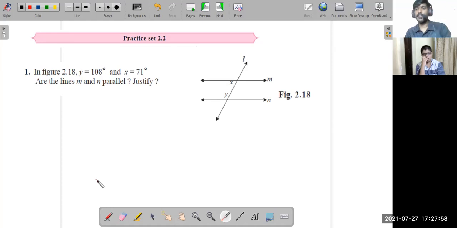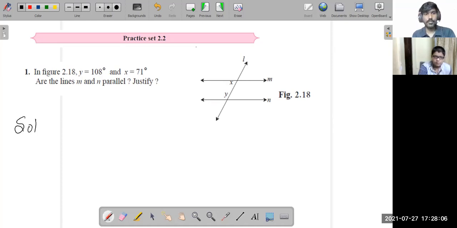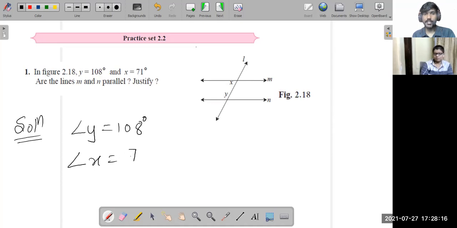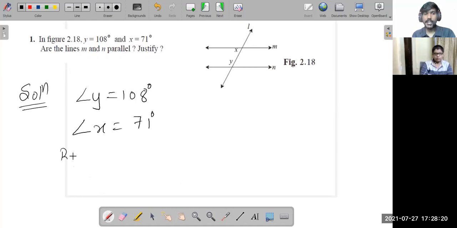So which test will we use here? Interior angle test, alternate angle test? Interior angle test. So let's write a solution. First, what is given, we'll write that. Angle Y is 108 degrees. Angle X is 71 degrees. So by interior angle test.